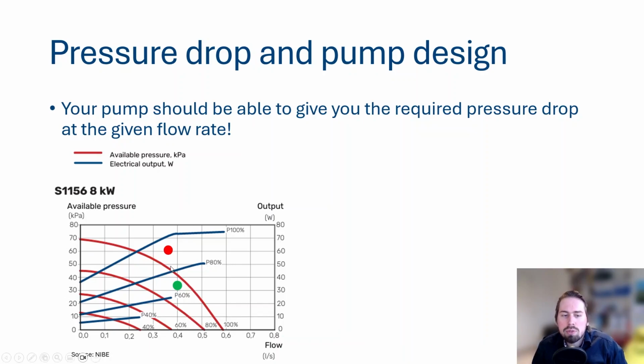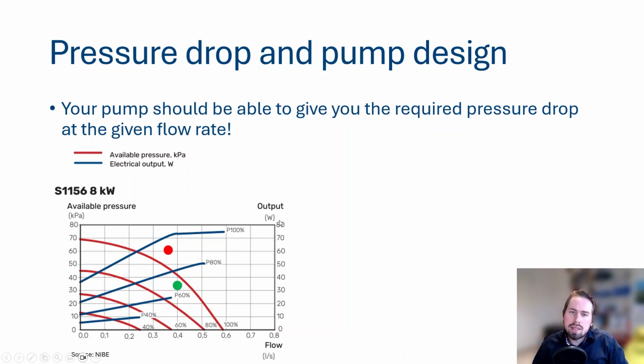Then your pump will not be able to deliver this. So the efficiency which you calculated using GHEtool, for example, using a particular mass flow rate, cannot be achieved by this pump. So you will have to either redesign your borefield using a feasible working point, or you need to select another primary circulation pump that can actually deliver this working point.